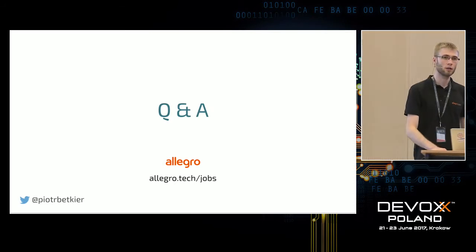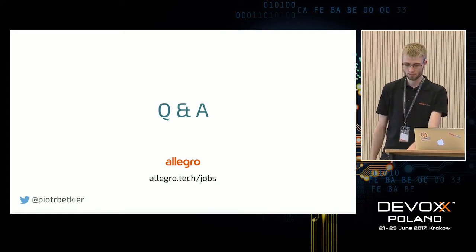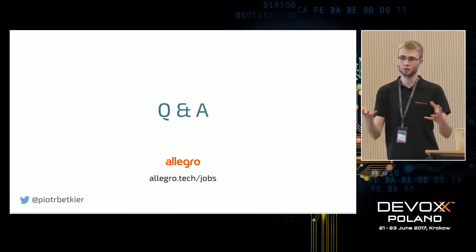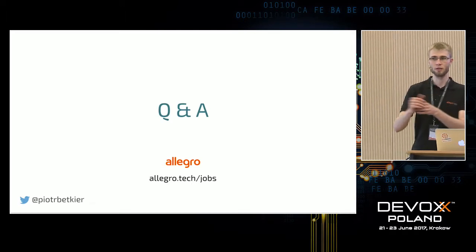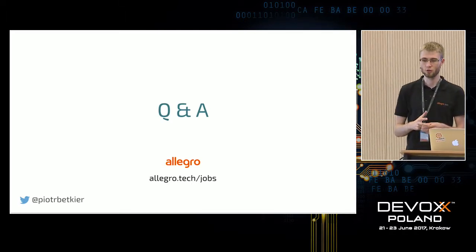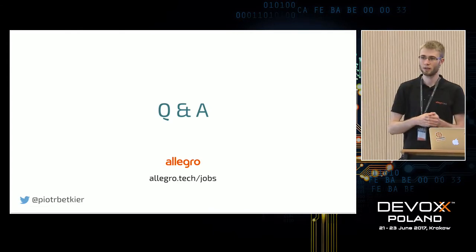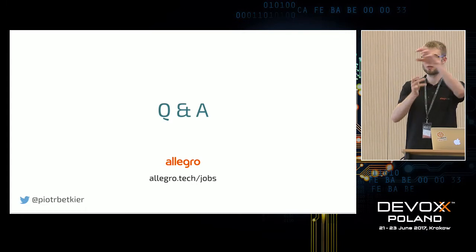For monitoring? Okay, so at Allegro, we're using Graphite for storing our metrics. Every instance is collecting metrics using Dropwizard Metrics, a library that allows you to store metrics in your application.